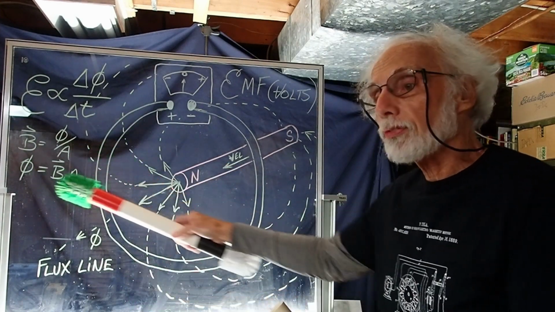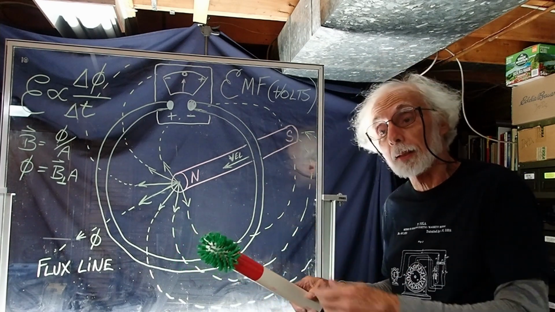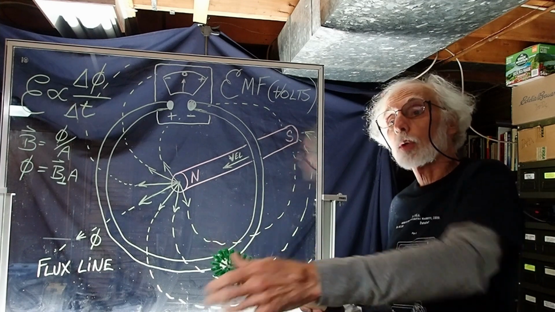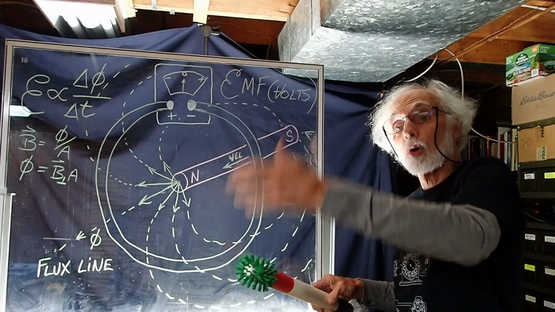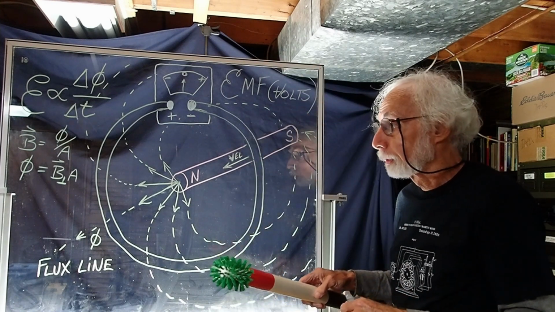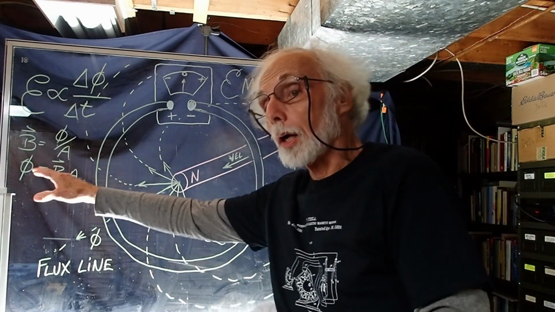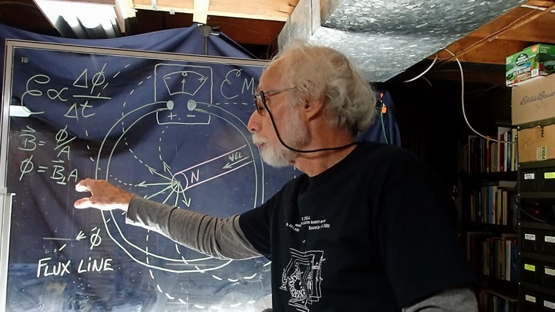To get all the flux lines, we would have to do what we did with light when we talked about that. If we want to measure all the light coming out of a light source, we would have to wrap the light in a great big sphere and count all the lines going through the sphere. And so in order to do such a thing, we say that the flux is equal to the magnetic field times the area.